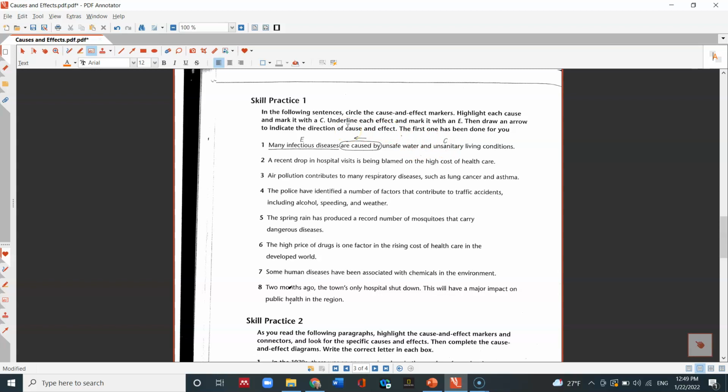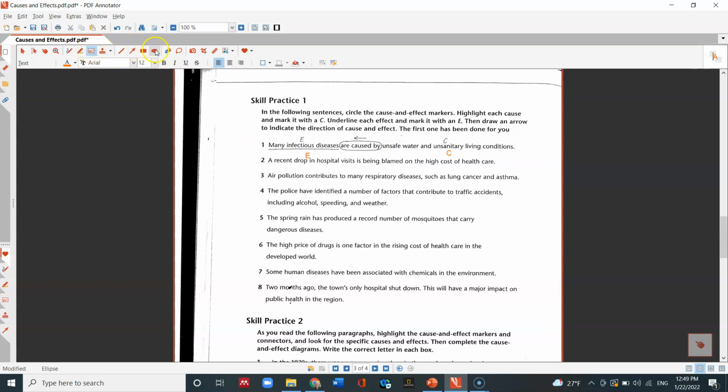Number 2, a recent drop in hospital visits is being blamed on the high cost of health care. So which is the cause? The drop, the decrease in hospital visits, or the cost? The cost is the cause. The cost, the expensive cost of going to the hospital is the cause. And the result of it is that there are fewer people going to the hospital.